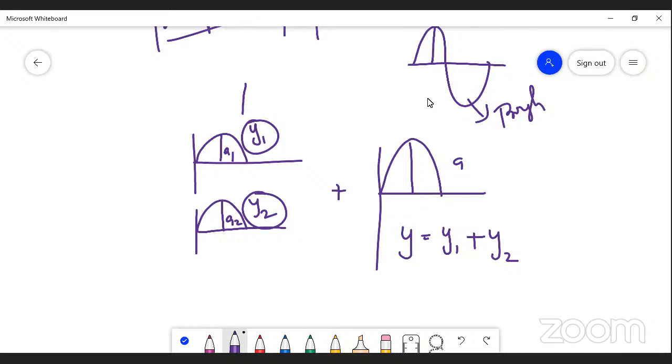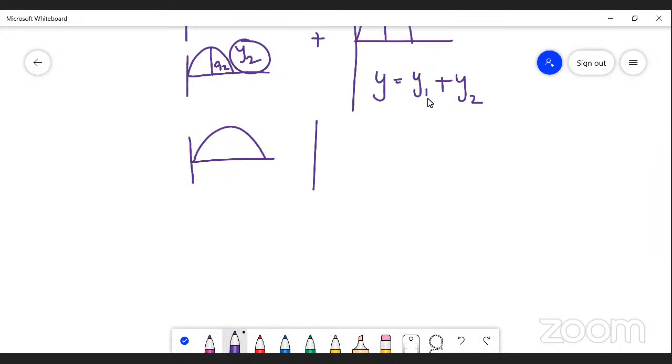And otherwise, the crest of one wave falls upon the trough of the other wave. What happens if crest and trough meet? Consider one wave. This is the crest, and another waveform is the trough. This displacement is y1. This displacement is minus y2.